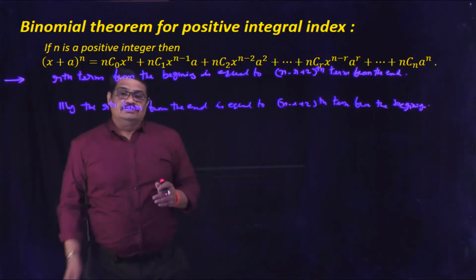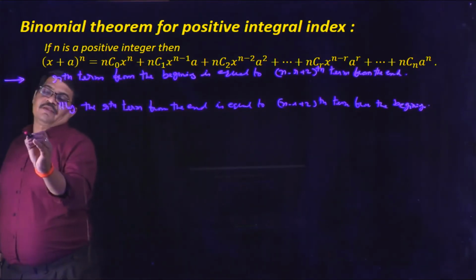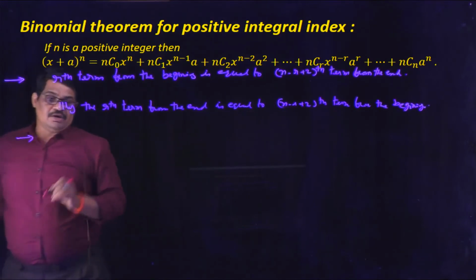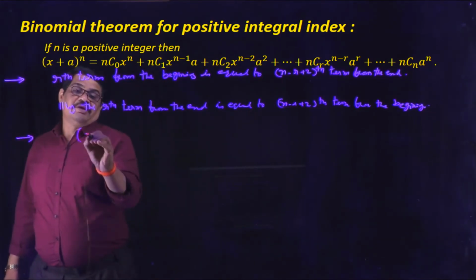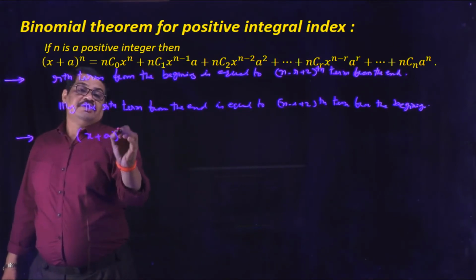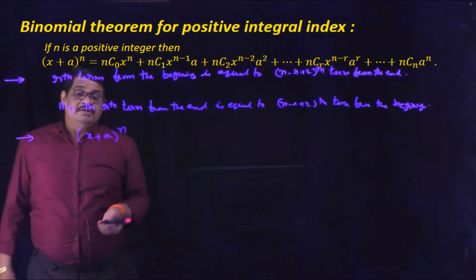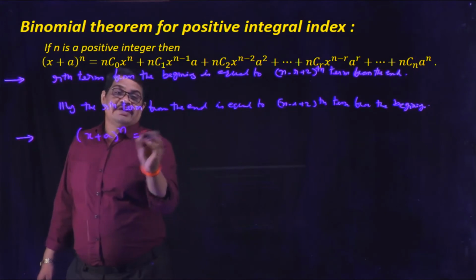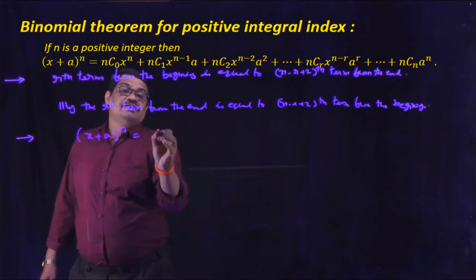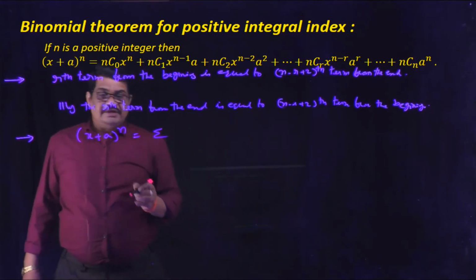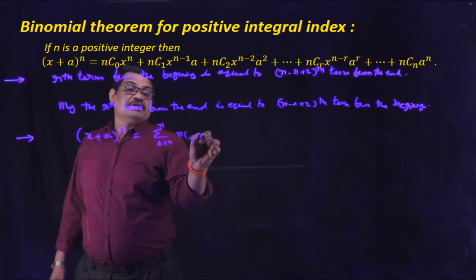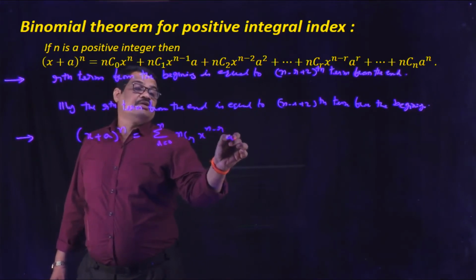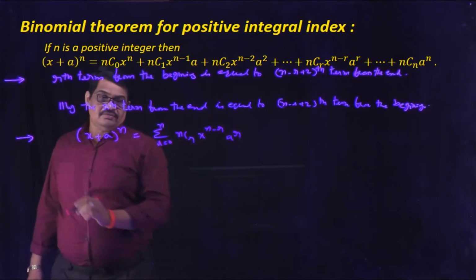Okay, so the next point is the sigma notation, where this expression is denoted by sigma. Here x plus a whole power n. This expansion can be written in the form of sigma, that is sigma r equal to 0 to n nCr x to the power of n minus r into a to the power of r.